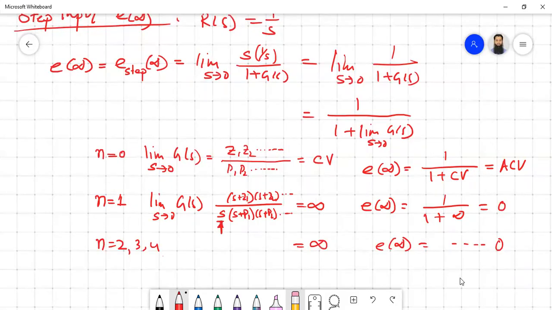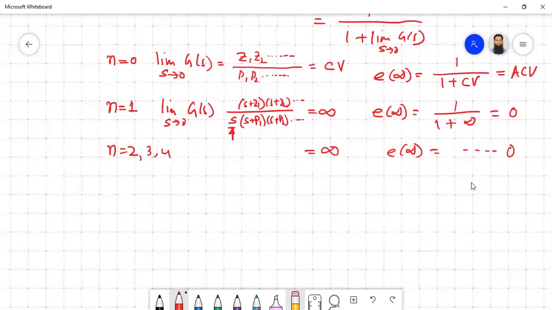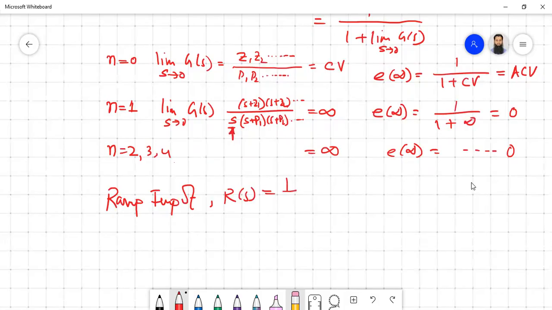Now what will happen for your ramp input? For the ramp input, we have R(s) equal to 1 by s squared.